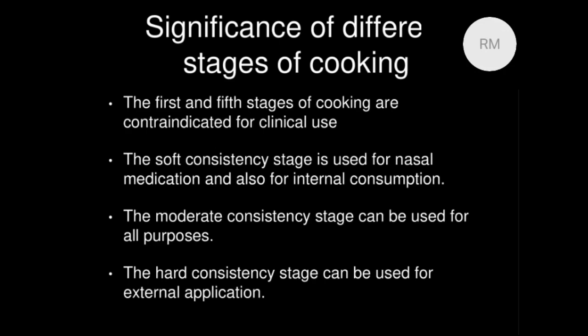So these are the 5 stages of cooking, and in the 2nd, 3rd, and 4th stage, we are able to use the oil for medicinal purposes, and the 1st and 5th stages are not to be used for any clinical purpose. So is this clear?